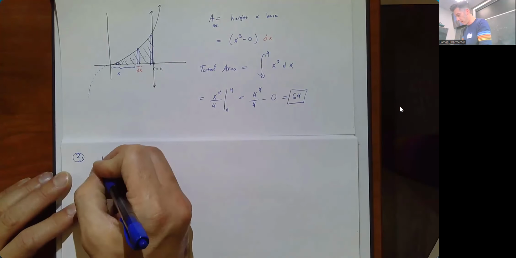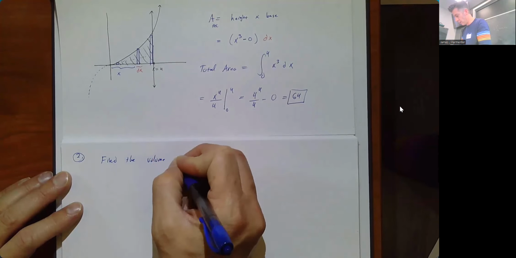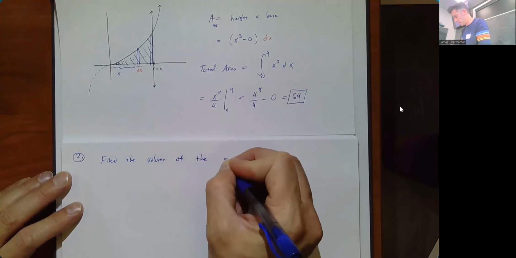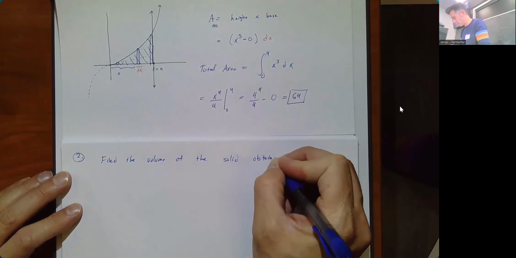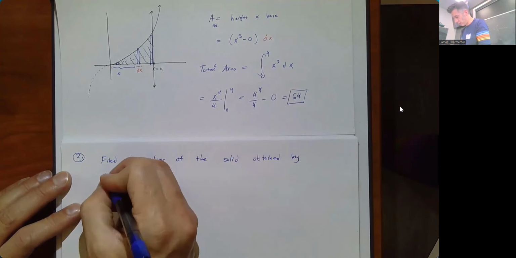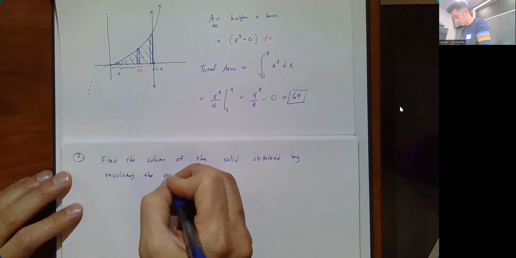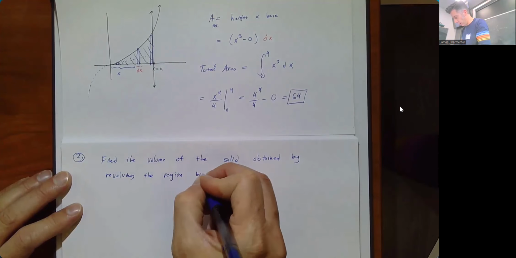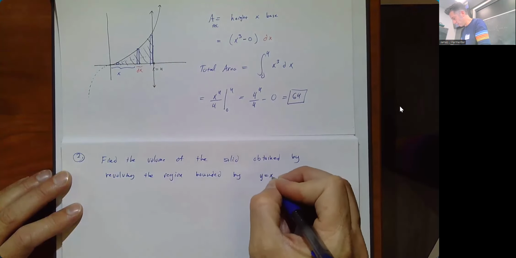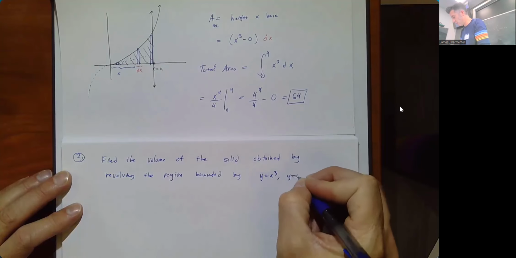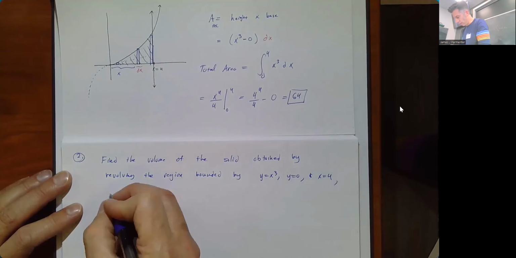So now we want to find the volume of the solid, writing these out is always a lot of words, obtained by revolving the region bounded by y equals x to the 3rd, y equals 0, and x equals 4 around the x-axis.